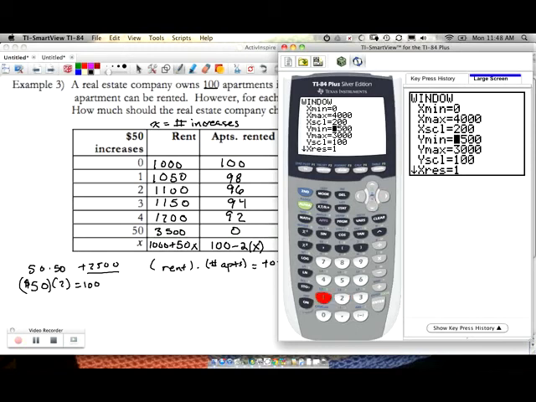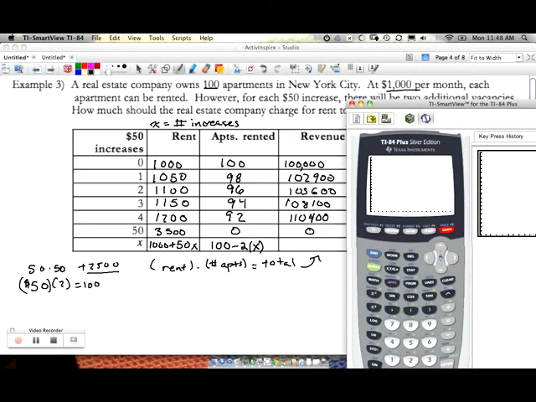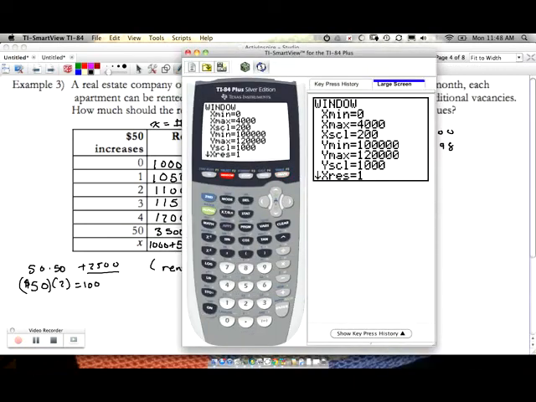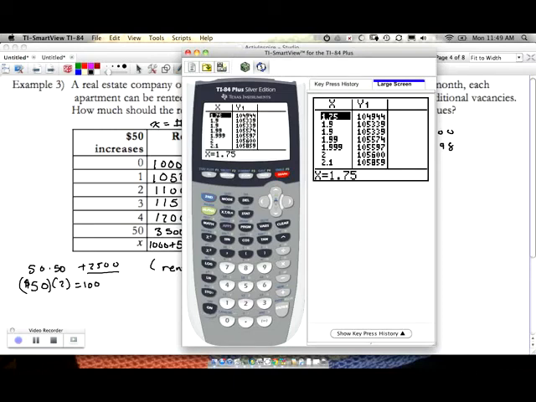Our y values start at 100,000 and go up to maybe 120,000, in increments of 1,000. Let's see what we got. We got nothing. Let's start off with 1,000 for x. Still nothing in there? All right, let's look at a table.